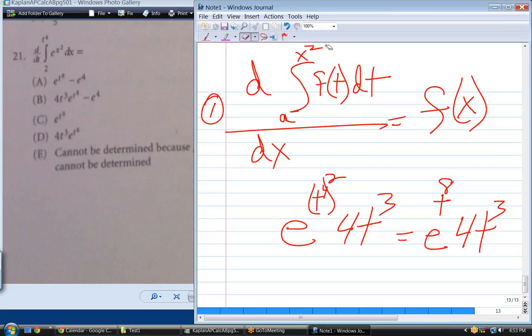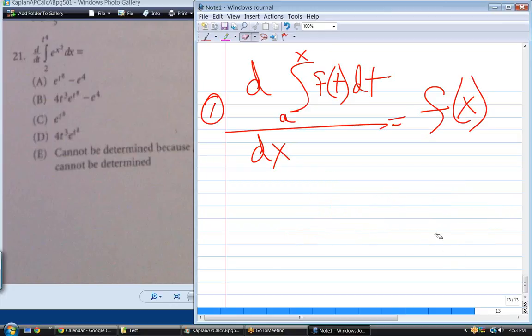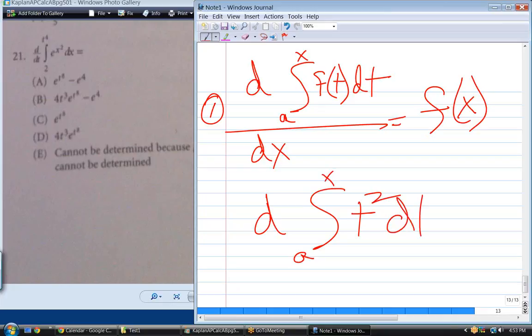Now, the other key part of this definition is it doesn't matter what a is. And it also doesn't matter what this variable is. This is what they call a dummy variable, the t. Why? Because it doesn't matter what it is, it's always going to turn into x squared.